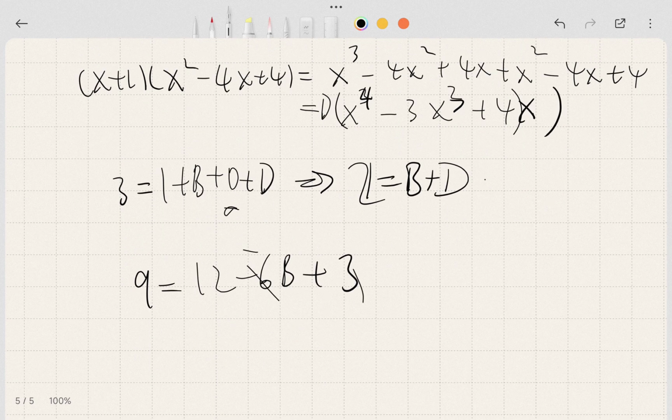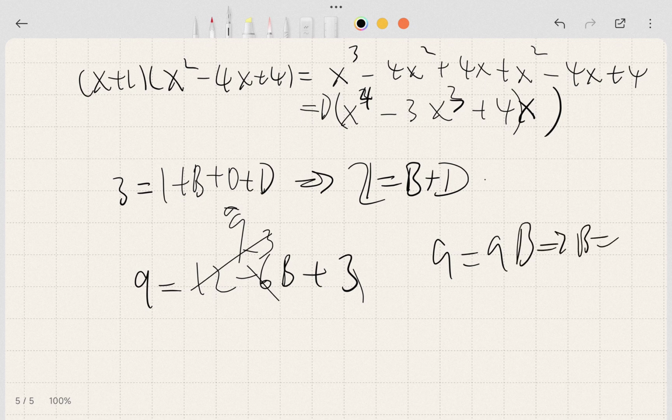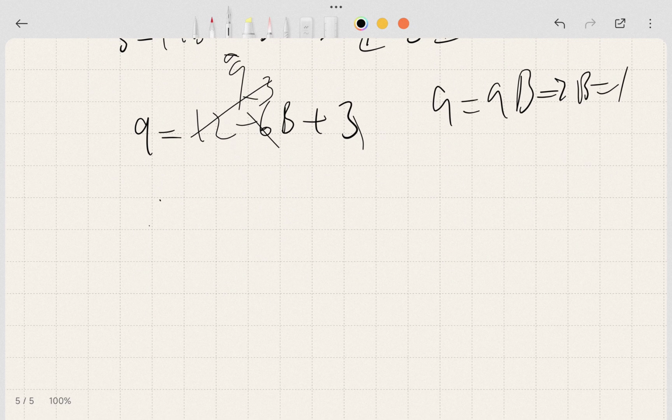So this is minus 3. This is 9. Nine equaling 9B. B is 1. So we have A equals B equals C equals 1, and D is equal to 1.